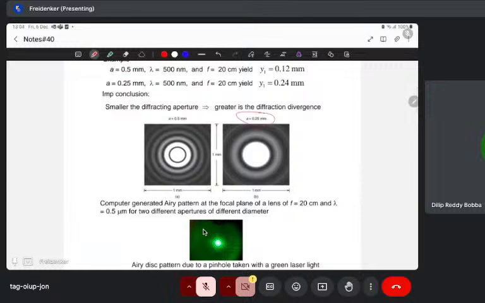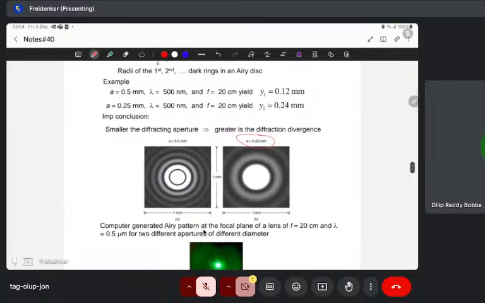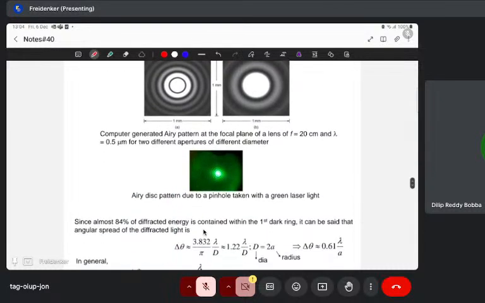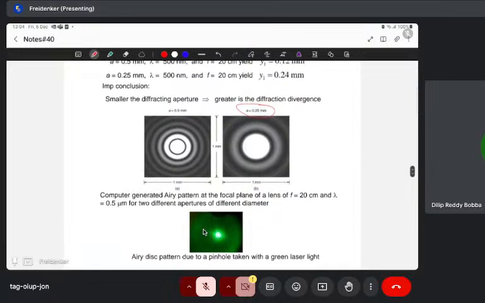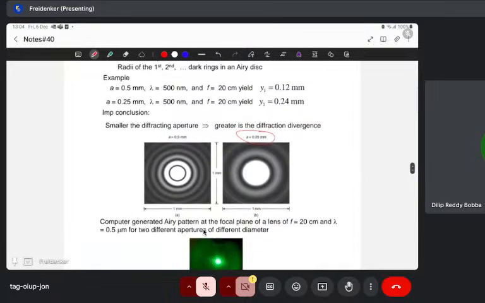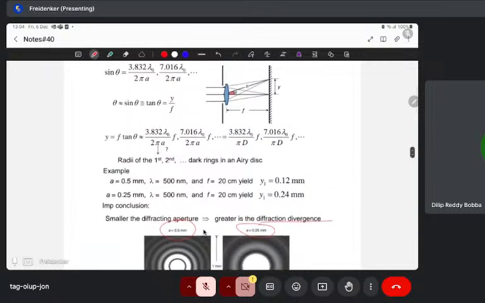Here A is smaller, so greater is the diffraction divergence. Here A is larger. I mean, this looks like diffraction to me more than this. But he said diffraction divergence. Okay, let's see.